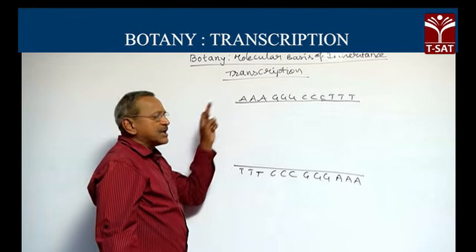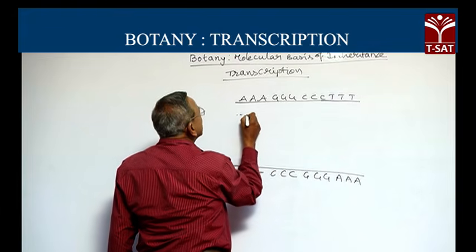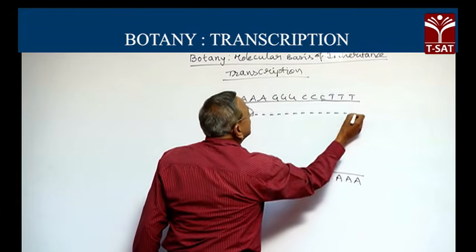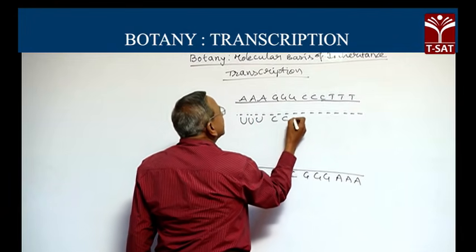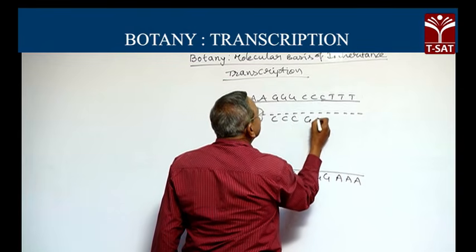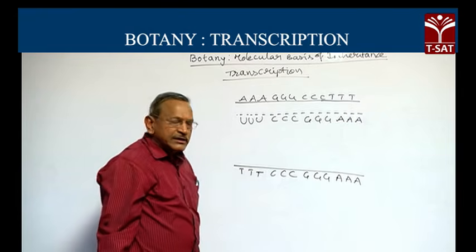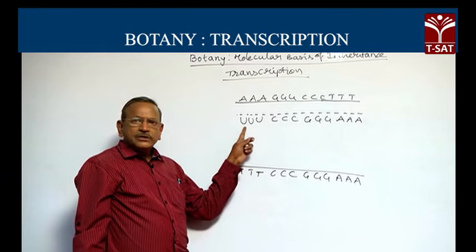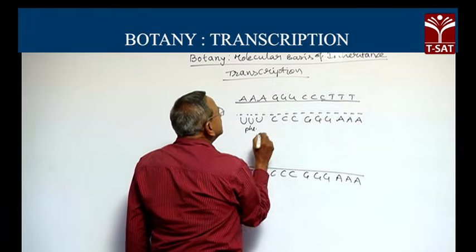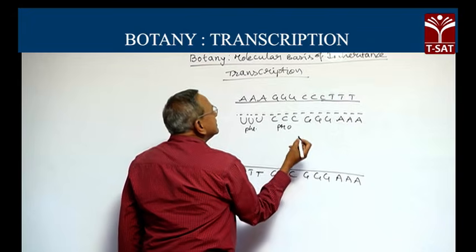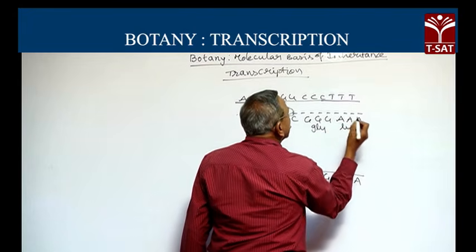If this is transcribed based on the principle of complementarity, it will produce an mRNA. I will draw this as a dotted line. It will have UU, and this will have CCC, this will have GGG, this will have AAA, and this UU is the codon for phenylalanine, this is for proline, this is for glycine, this is for lysine.